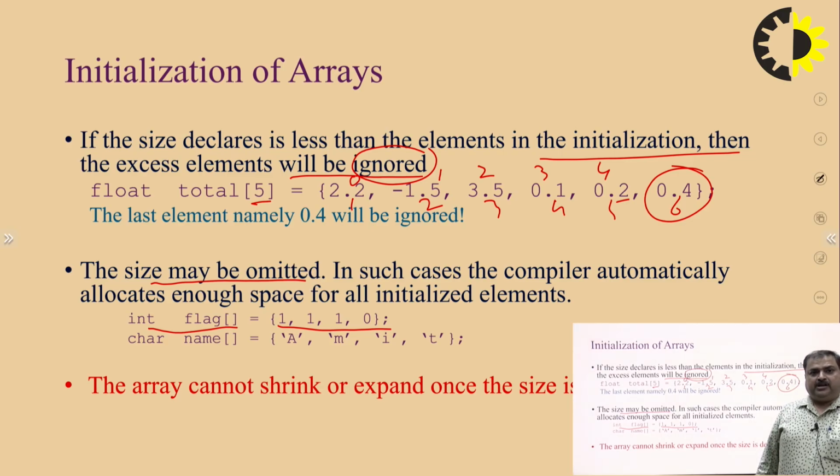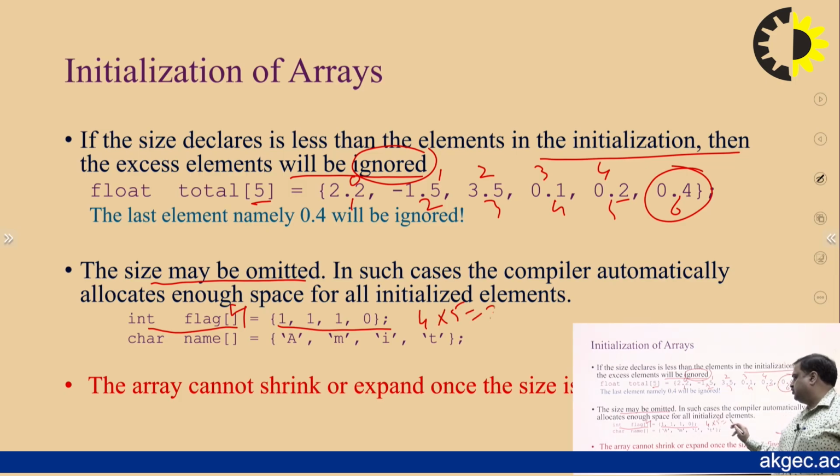To accommodate them, the flag values will be 1, 2, 3, 4, so size 4 will be allocated. That means 4 times 5, which is 20 bytes, will be allocated for these supplied values, so the size will be set automatically.